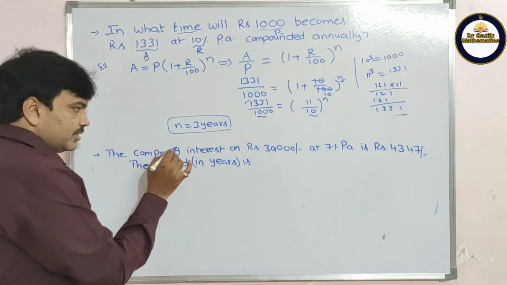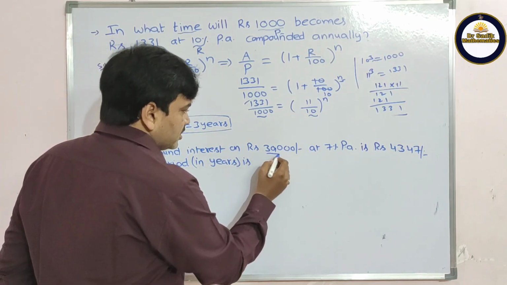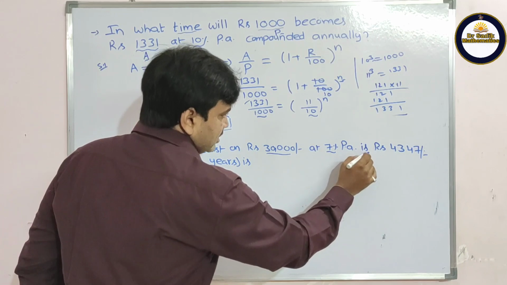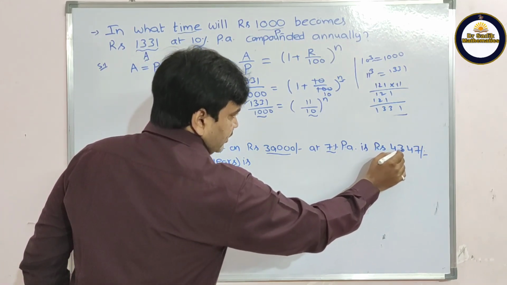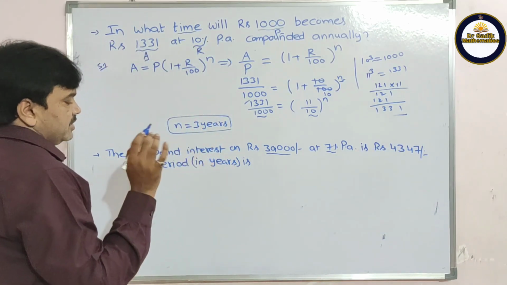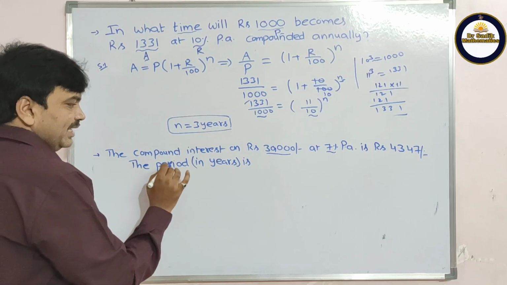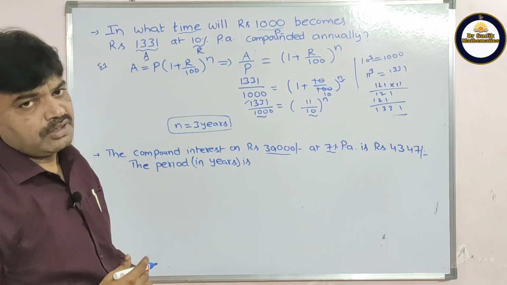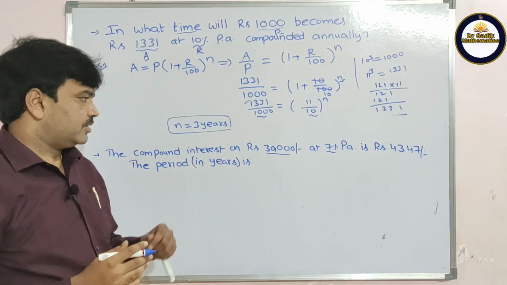The compound interest on rupees 30,000 at 7% per annum is rupees 4,347. The period in years is, here also we are finding the time, friends, the number of years.